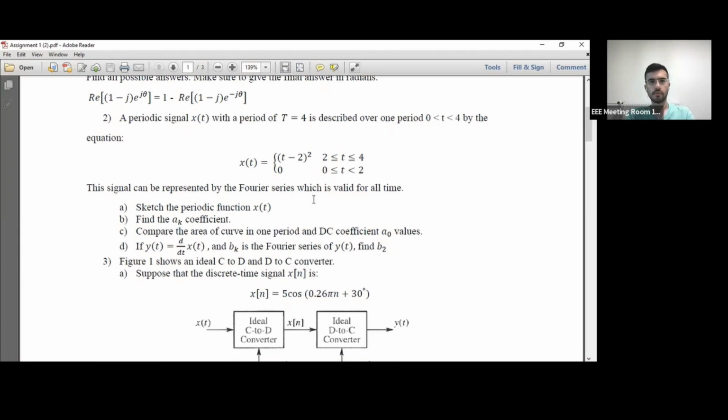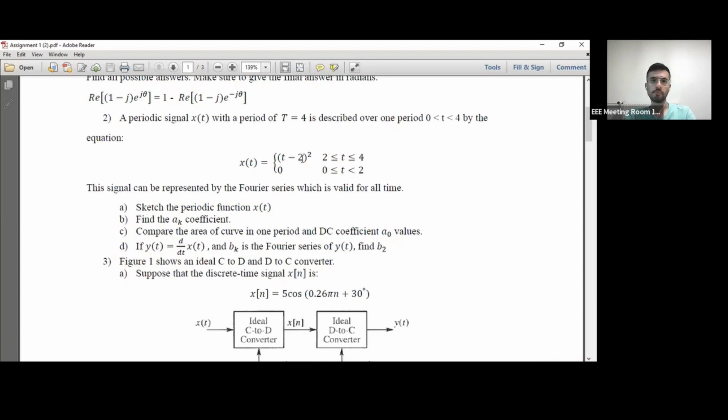So we want to write the Fourier series for the signal. This question is from chapter 2. In the first part, it asks to sketch the periodic function x of t.